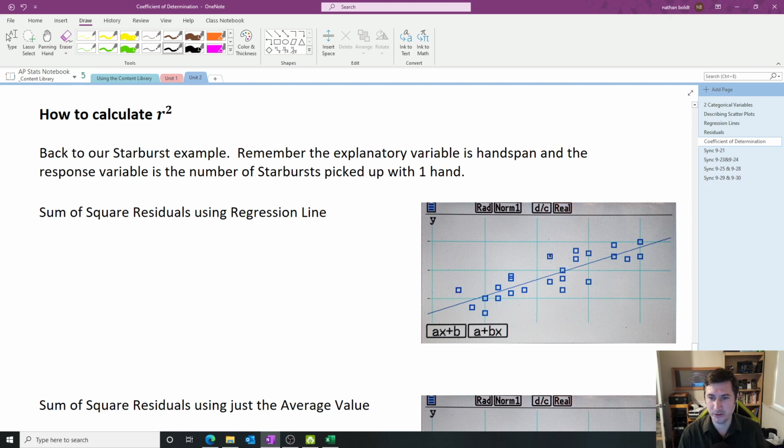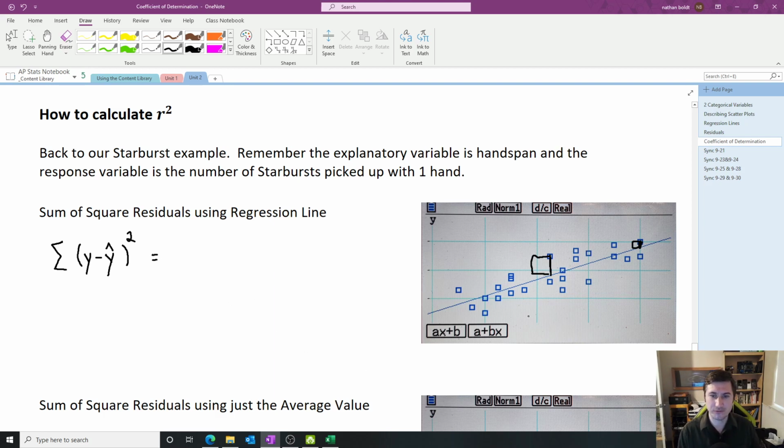Remember, a residual here is this distance right here, but then we square it, and we do that for all of them. We find the residual, and then we square it, and we add up all of those squares. So this is the sum of the squared residuals. Remember, that will be the y value minus the predicted y value.